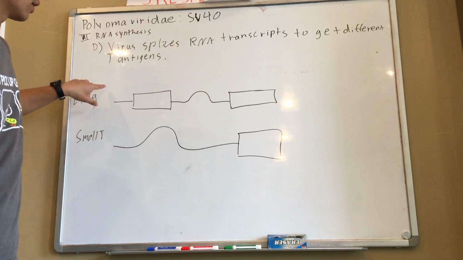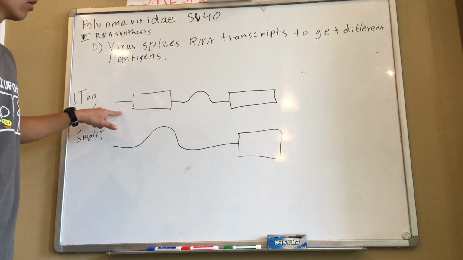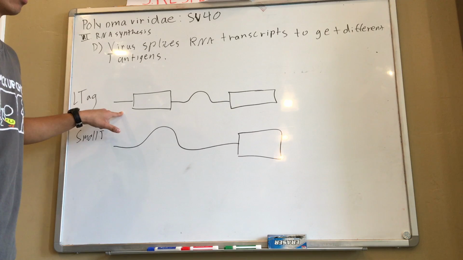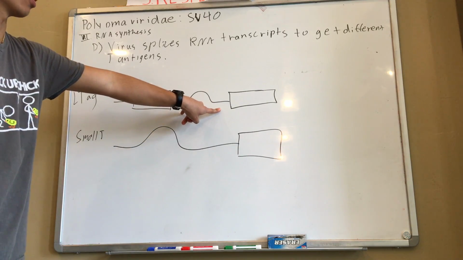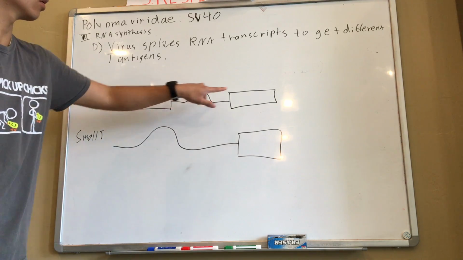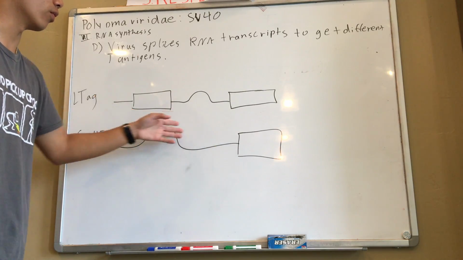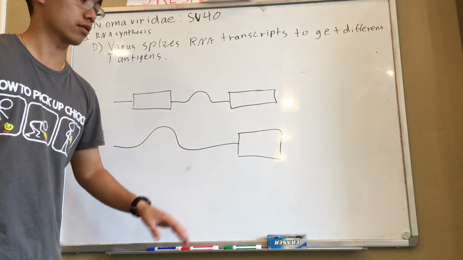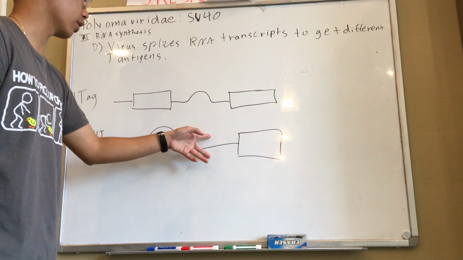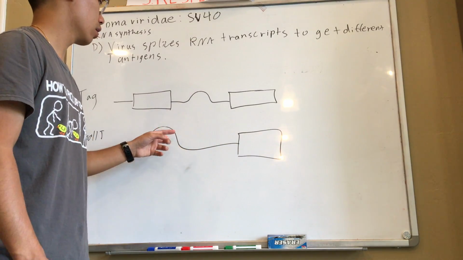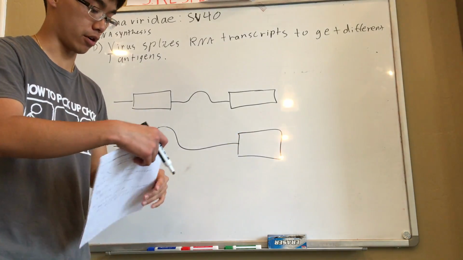The large T antigen is the same sequence of DNA, but for large T antigen, the virus would splice this middle portion to get the large T antigen. So get these two together. The small T antigen just cuts this whole upper 2/3 and gets this. It's not actually 2/3, but you get the point. It cuts away this entire region, and only saves this last part.